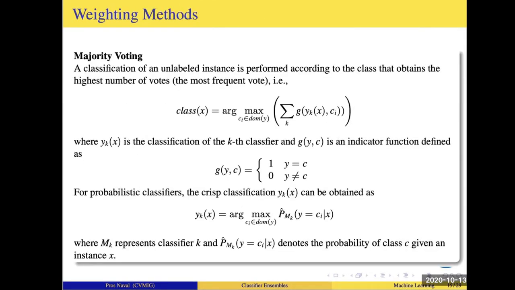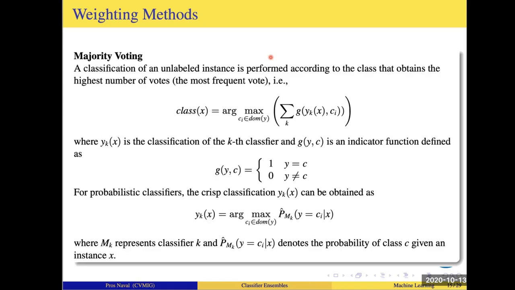Weighing methods. This is the most common weighing method, the majority voting method. Here, a classification of an unlabeled instance is performed according to the class that obtains the highest number of votes. Meaning majority voting, okay?